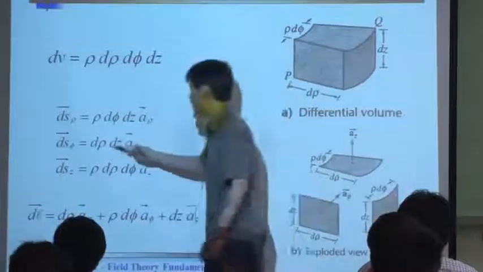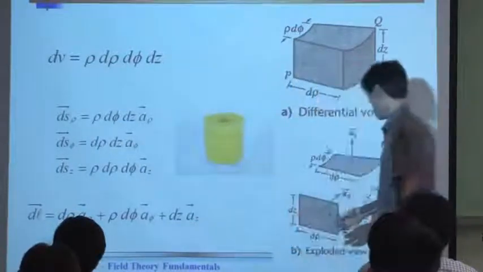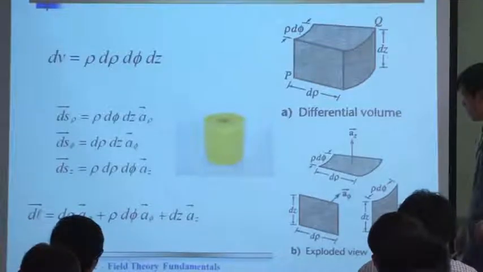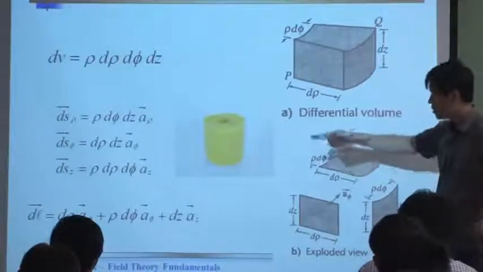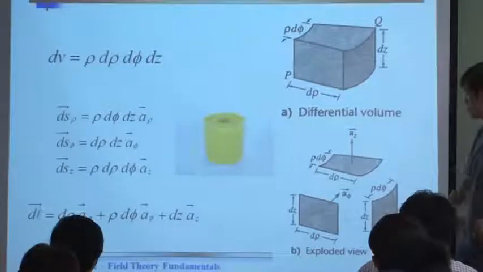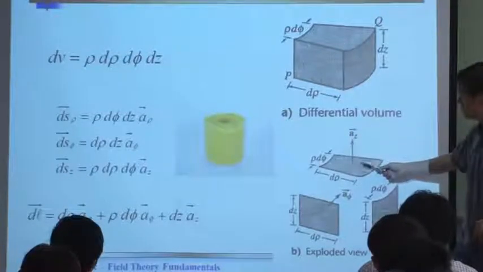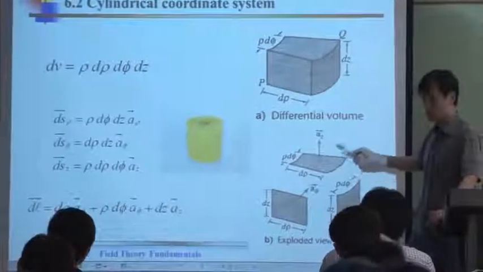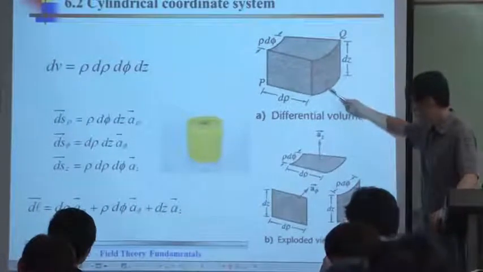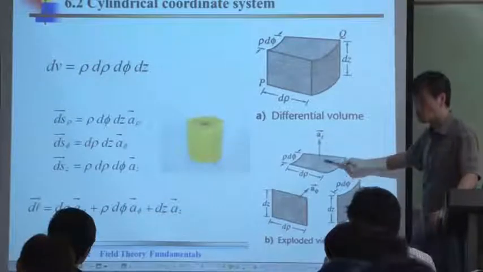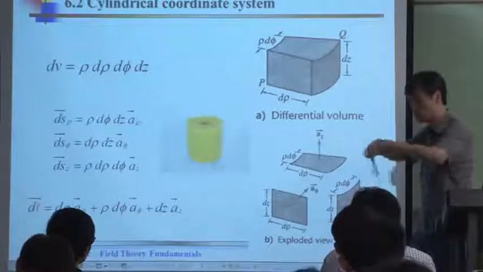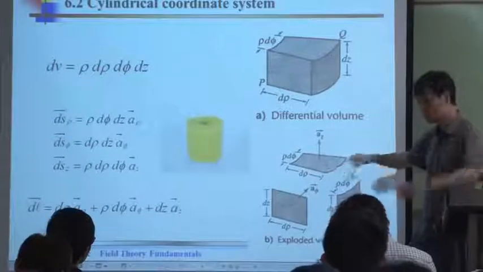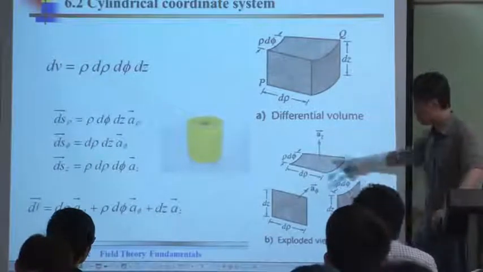So d rho dz, and the direction is a phi. And above this, ds z represents this surface. Even though it looks like some curved form, you can consider it as rectangular.